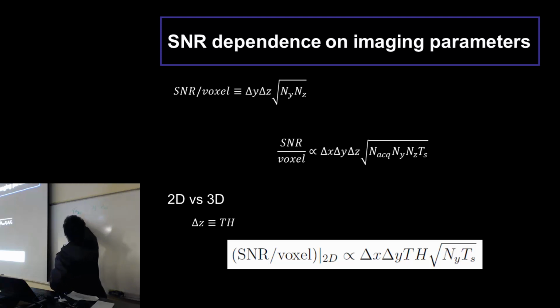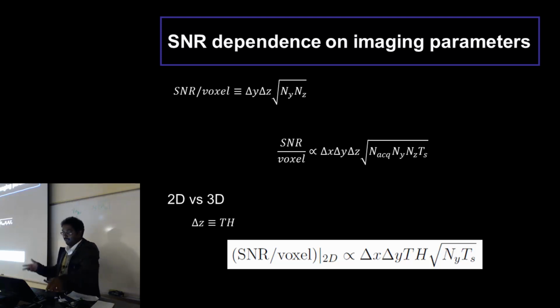Now, what I'm trying to impress upon you is that this longer TR compared to the TR of the 3D experiment is going to give you a signal to noise ratio boost, which is not seen or expressed in this expression. You would come to that, I think, in chapter 18, where you see the effect of TR in your imaging experiment. The longer TR typically gives you higher signal to noise ratio.